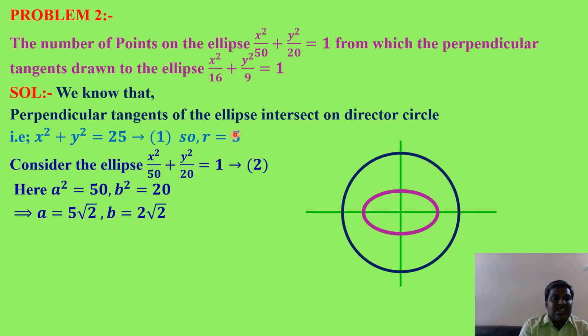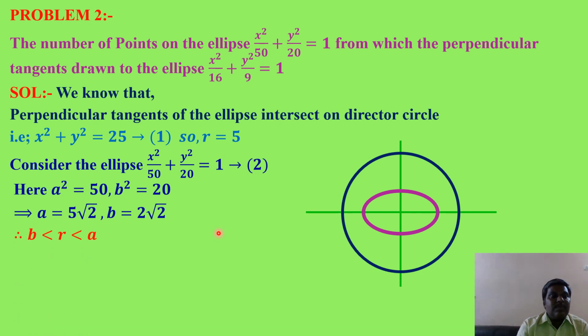That means the circle and ellipse intersect at 4 real and distinct points. So you have 4 points on your given ellipse satisfying the condition that the tangents drawn from that point to the ellipse are perpendicular to each other.